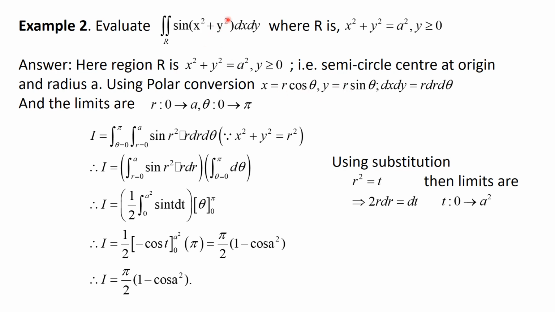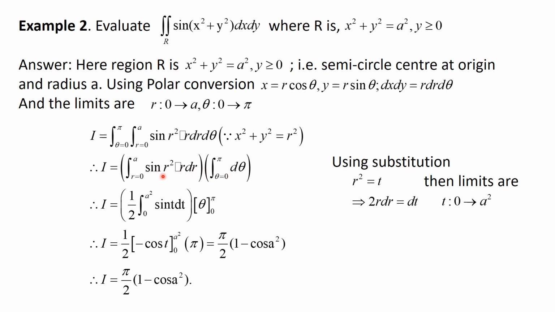So if there are terms in x square plus y square, we can directly replace them with r square due to polar conversion. So the substitution leads to sin of r square, dx dy is replaced as r dr d theta, r varies from 0 to a, theta varies from 0 to pi. As product terms are again there in r and theta, we can separate out the integral of r terms and theta terms.